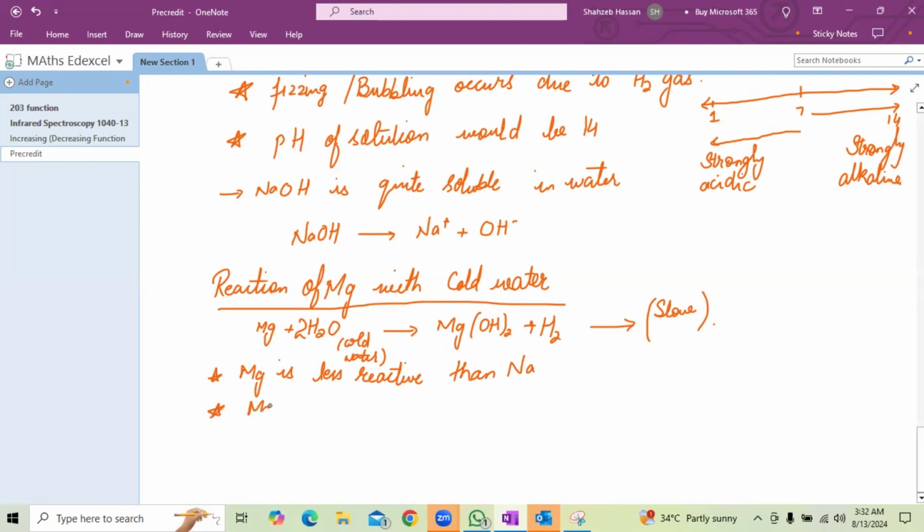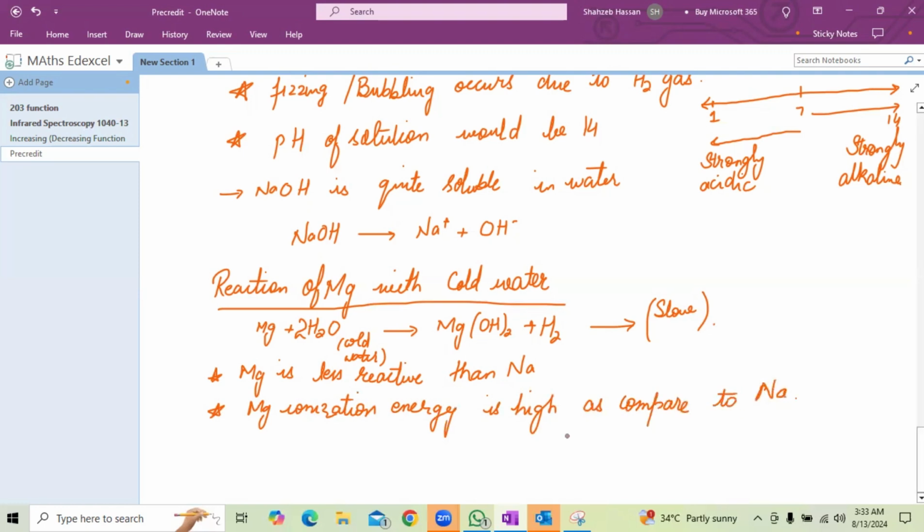The second thing that we have to see is that magnesium's ionization energy is quite high as compared to sodium.